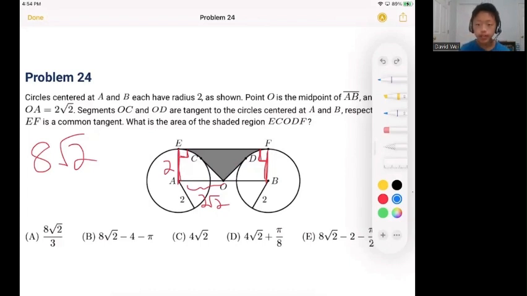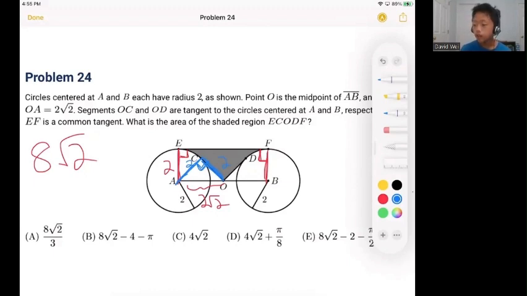We're going to use that trick where if we have a tangent line, we connect the center of the circle to the point of tangency. So we connect points A and C together, and that gives us another right angle. AC is 2 because that's a radius of the circle. Then from the Pythagorean theorem, you get that OC is also equal to 2.